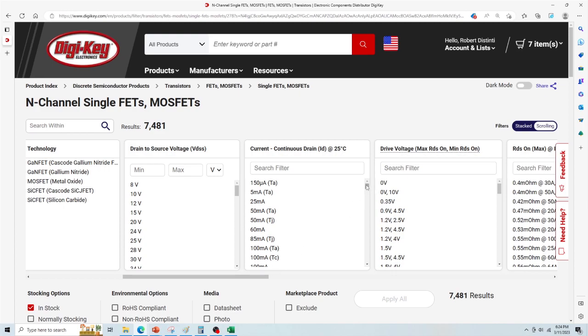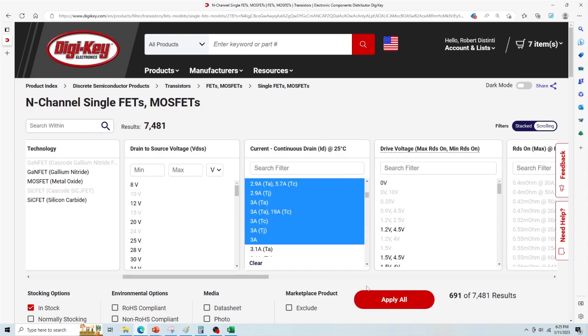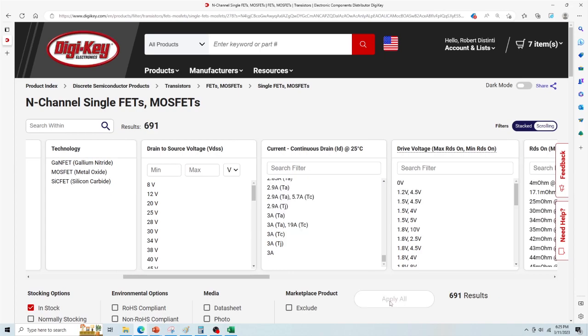So we're going to put that continuous drain current from 0.5 up to, I don't know, let's not limit ourselves, let's go all the way up to 3 amps. I'm holding down the shift key, and that selects the upper range. I apply, that drops us by a factor of 10 in the number of devices.